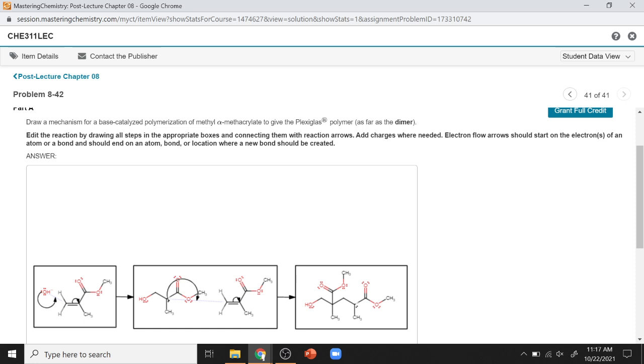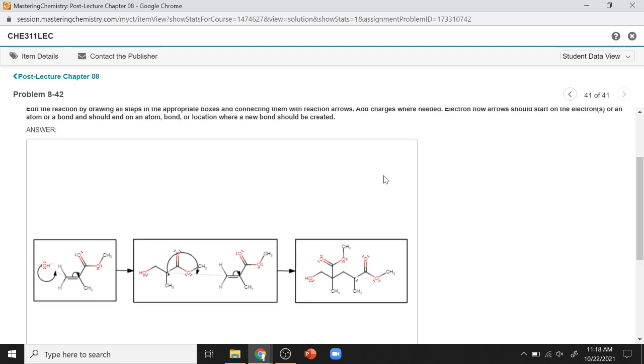Yes, OH minus, that's basic. Note, however, it being catalyzed by it means we have to regenerate the OH minus, right? If you catalyze something with a base, catalyzed means it doesn't get consumed. It regenerates at the end.